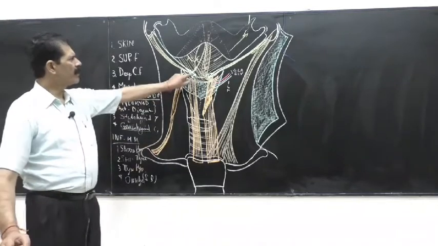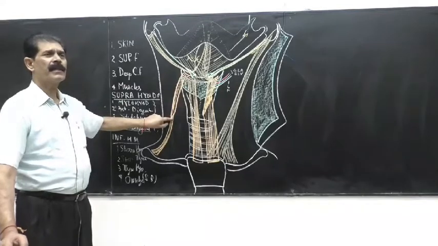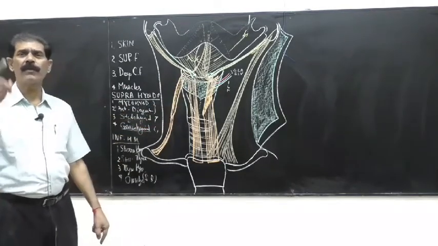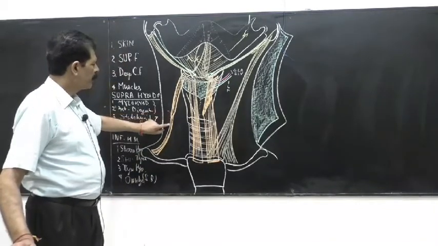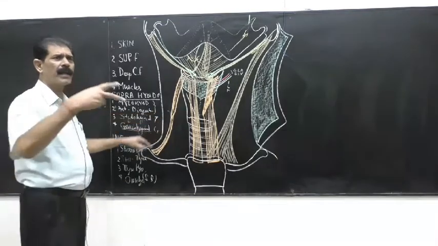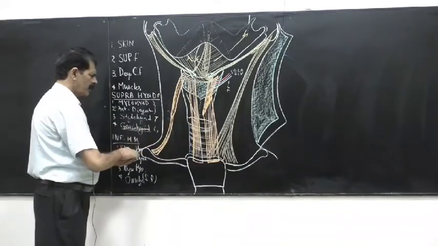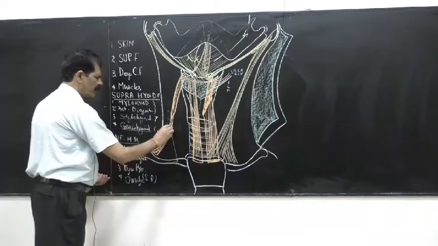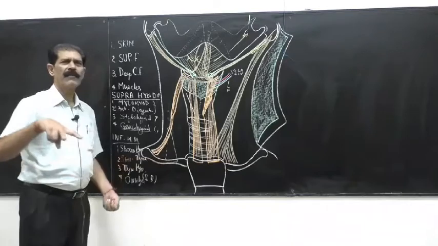And here the sling was holding the intermediate tendon of the digastric. A similar mechanism is also here. We have done in the posterior triangle the omohyoid pouch, if you remember. On the upper border of the inferior belly, the deep cervical fascia splits into two laminae. The anterior lamina is attached to the anterior border of the clavicle. The posterior lamina is attached to the posterior border of the clavicle.